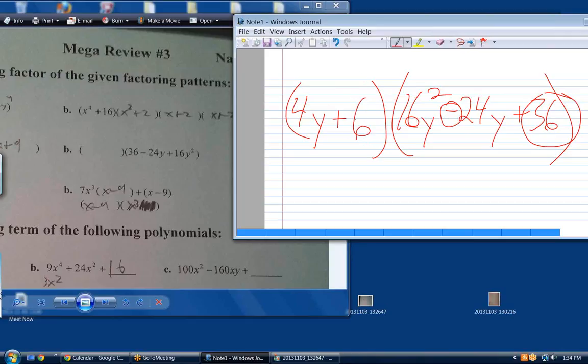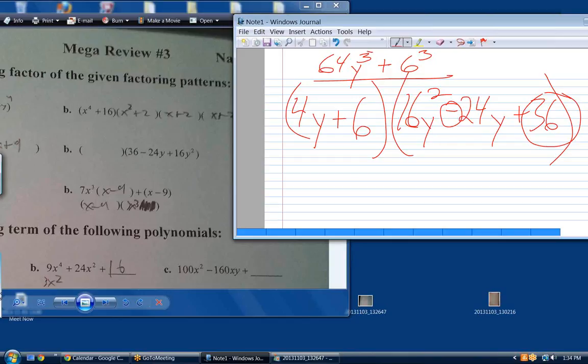We obviously started with the sum of cubes, right? Yeah. So that would be 64y cubed plus 6 cubed. In other words, if we started with that, this is the way it would factor.